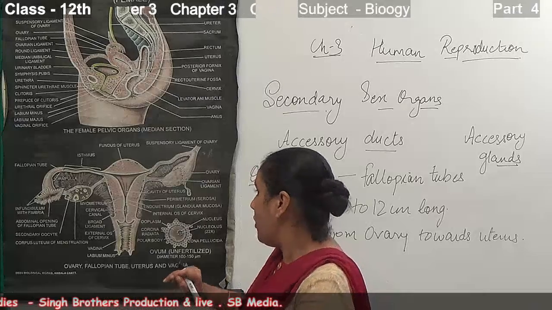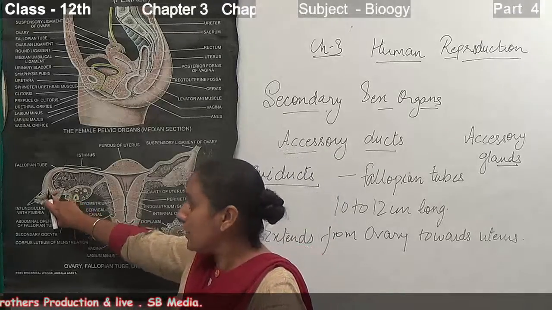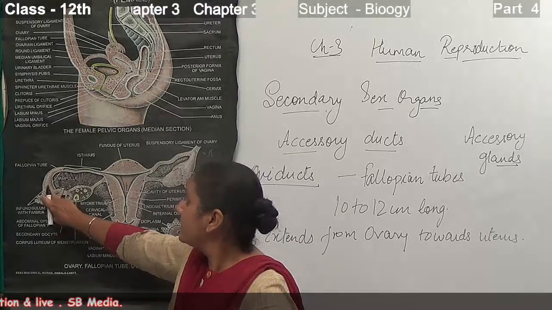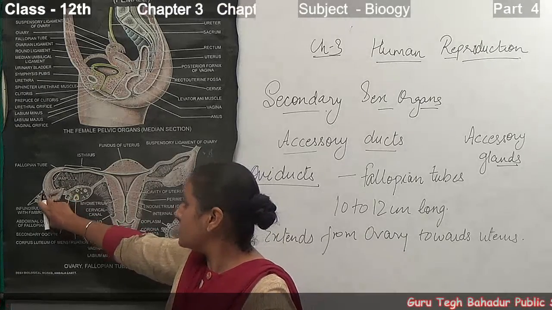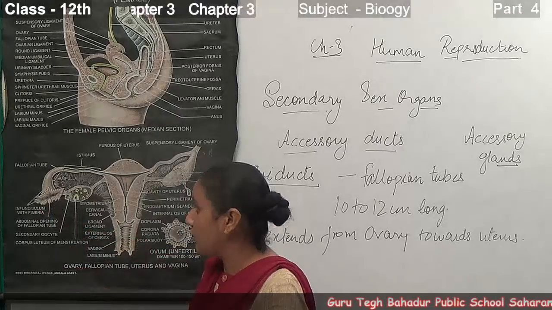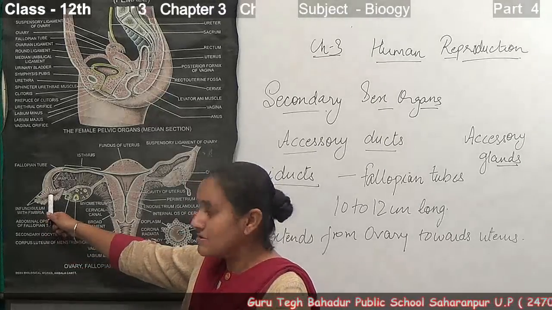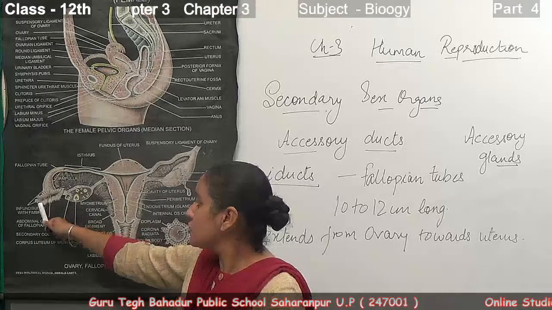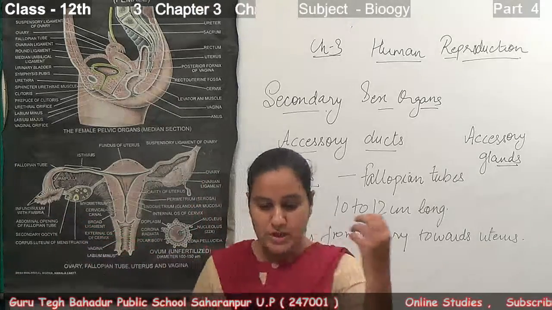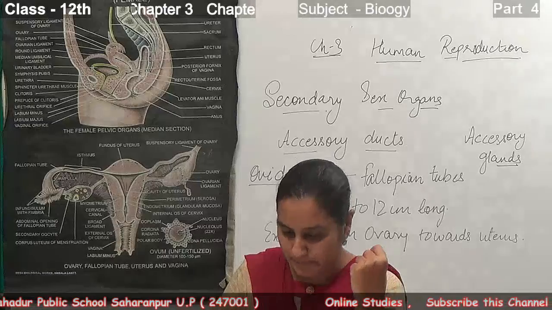The part of the oviduct that is towards the ovary is in the shape of a funnel, and we call it the infundibulum.